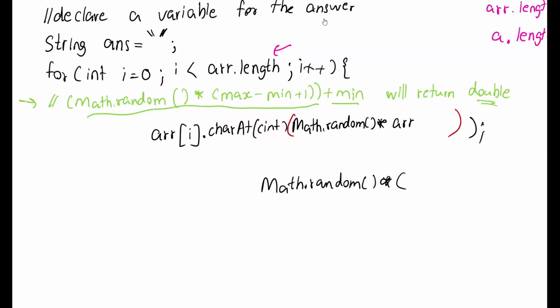We are not dealing with the size of the array. We are dealing with the length of each word. So how can we fix this? If you use array.length, it will be the size of the array.